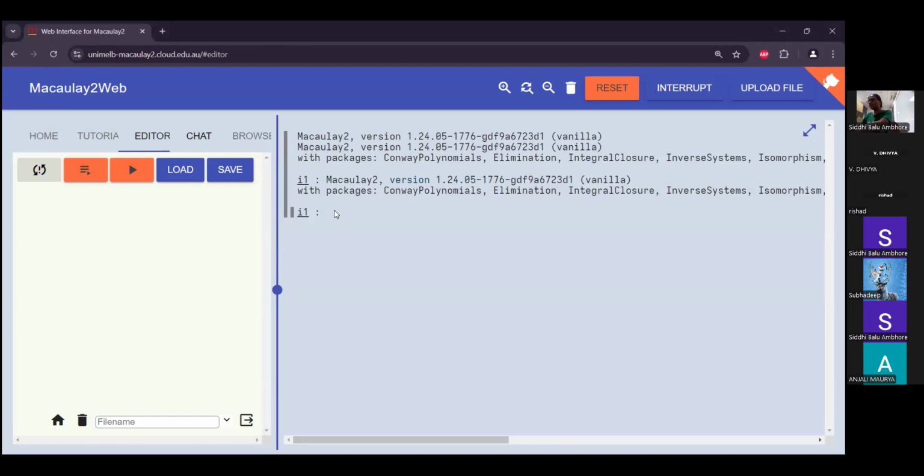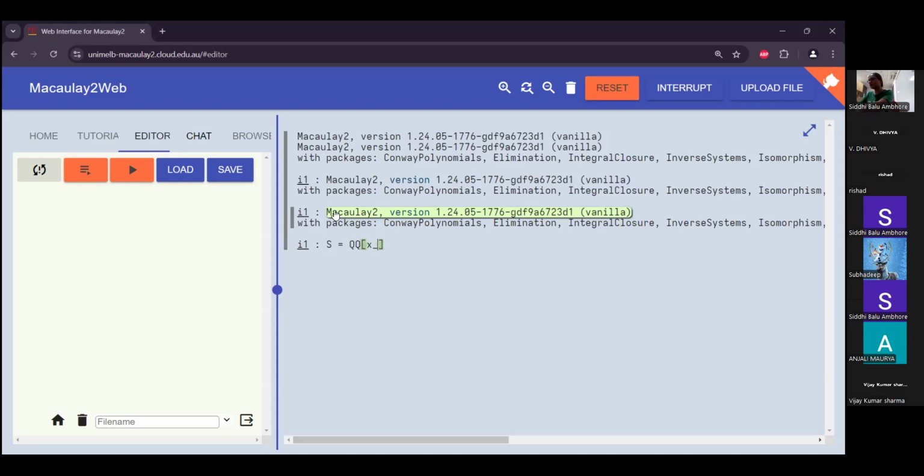So we are working with graded reverse lexicographic. There is a 3-variable ring with the monomial order. This is the code for graded reverse lexicographic. The server is having some errors.